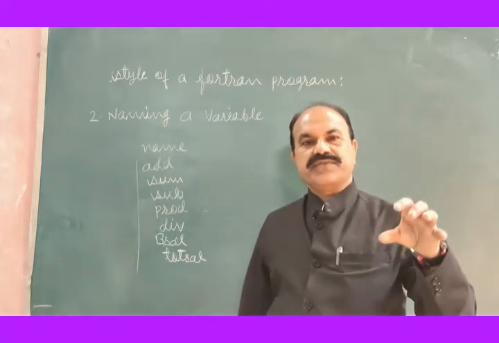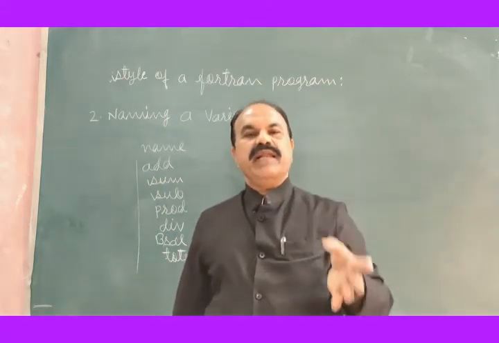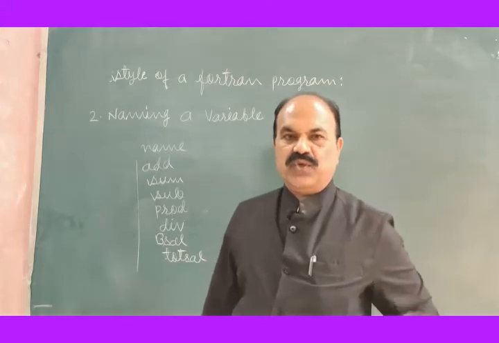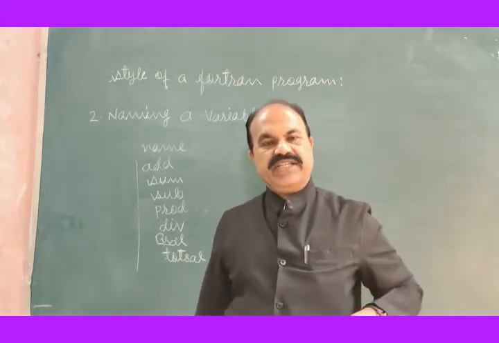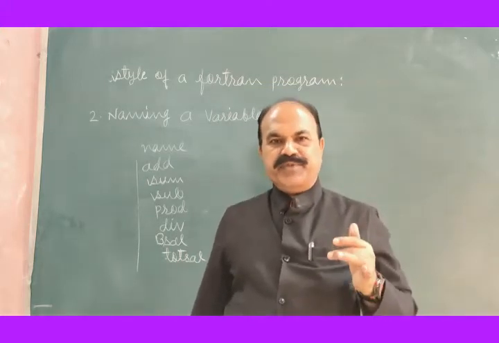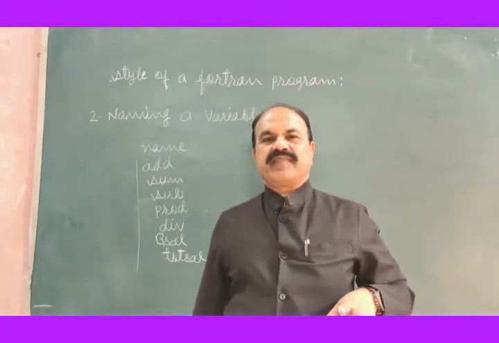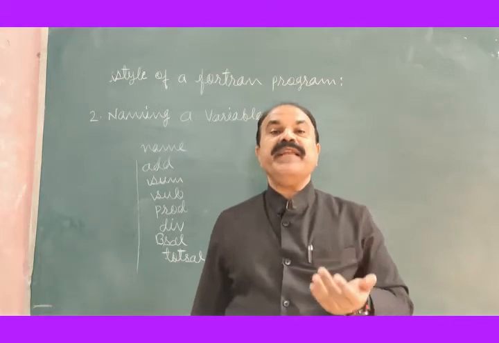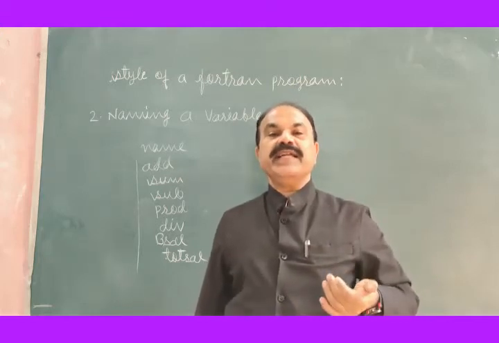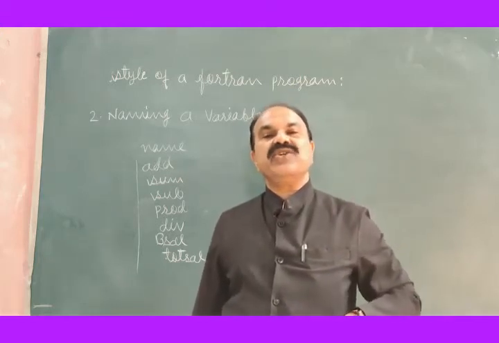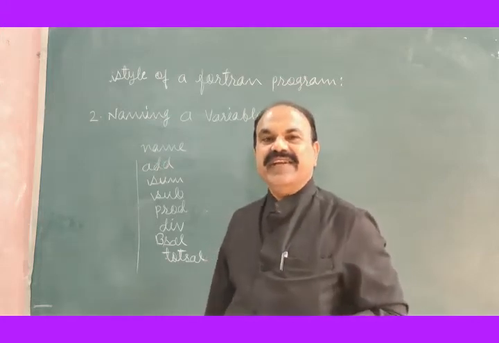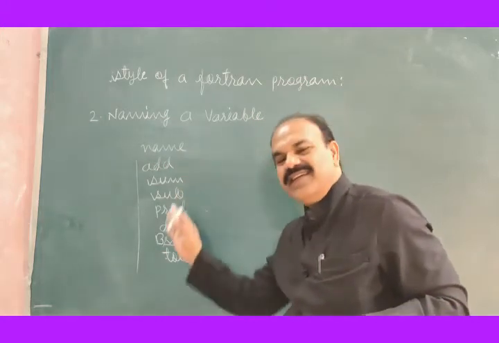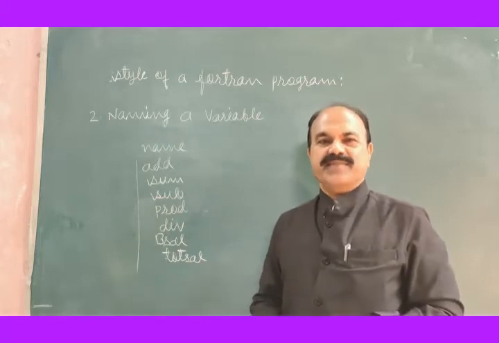All the rules for writing the variable names in Fortran must be followed. First thing. Second thing, the variable name should be short. Third important thing, the variable name should be meaningful. Certain meaning should be automatically drawn by the reader whenever the reader reads such variable names.